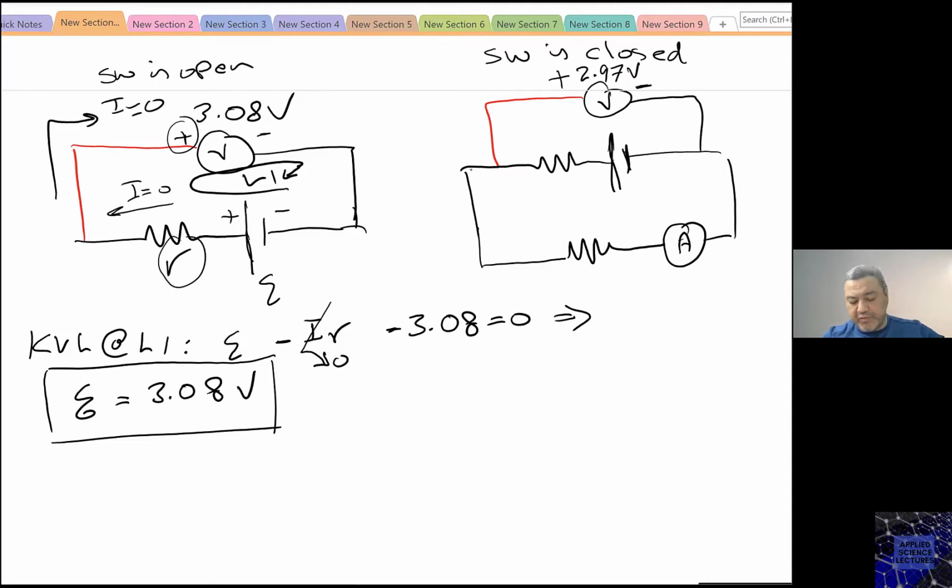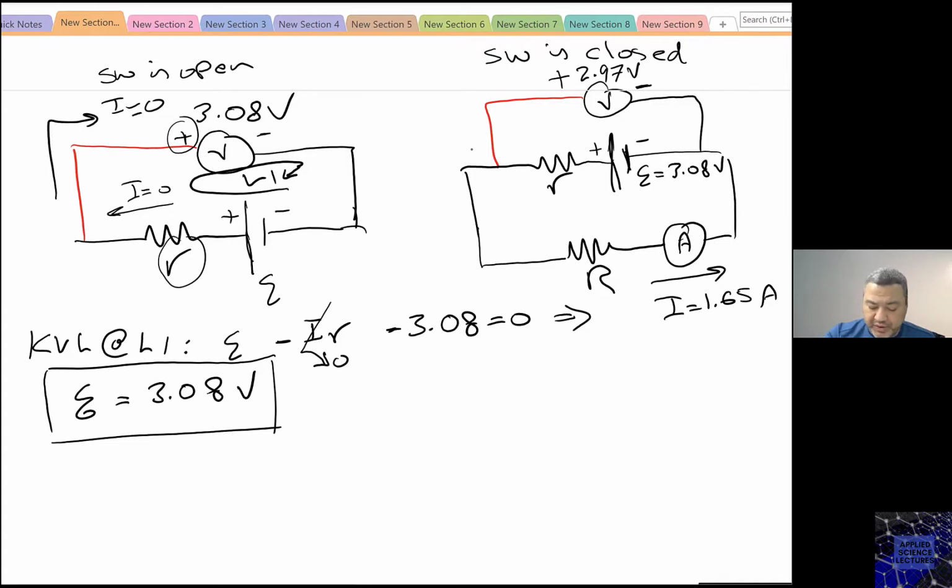The red is the positive and the black is the negative here. Now I calculated the electromotive force. I know it, 3.08 volt. I also know the reading here. I is 1.65 ampere. I need to calculate this little r and this capital R.